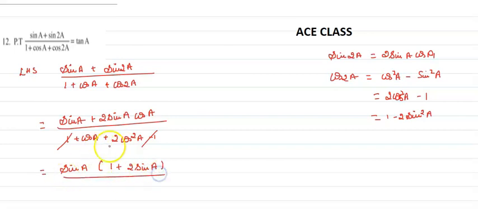In the denominator, cos A plus 2 cos square A, again I can take cos A common, and 1 plus 2 cos A will be left out. Sorry, in the numerator, if I take sin A common, it is 1 plus 2 cos A. So 1 plus 2 cos A, 1 plus 2 cos A will be cancelled.